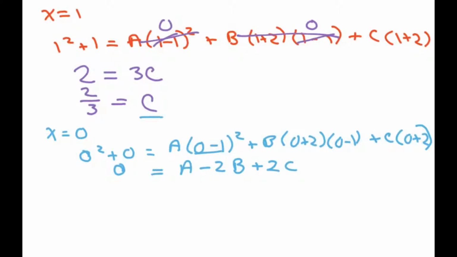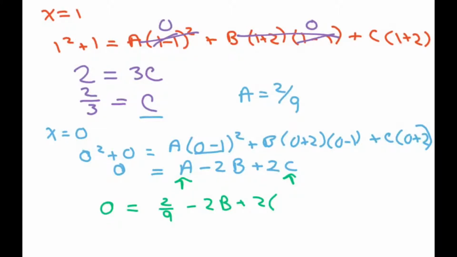Now I know what my C is, also know what my A was. So I'm going to plug in my A and C and solve for B. So 0 equals 2/9 minus 2B plus 2 times 2/3.